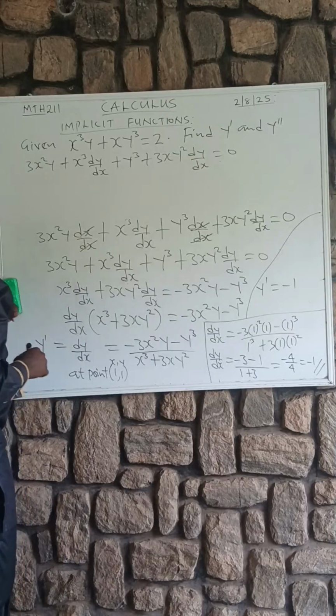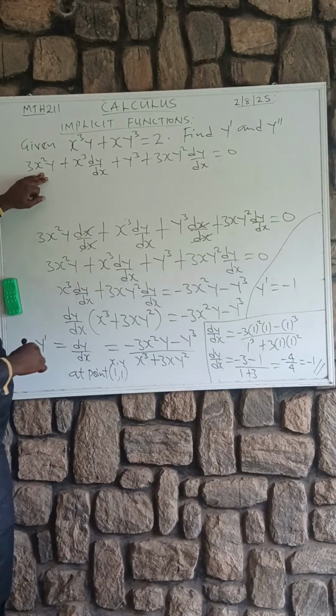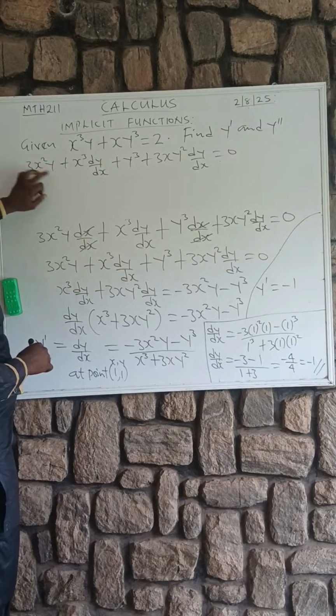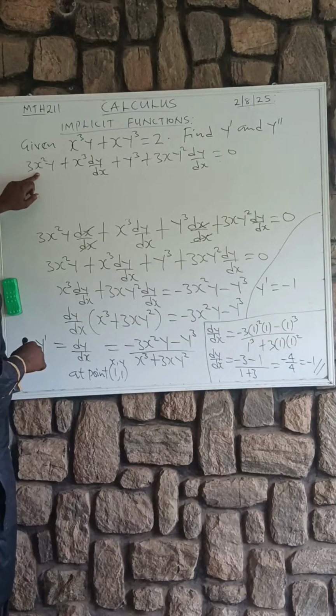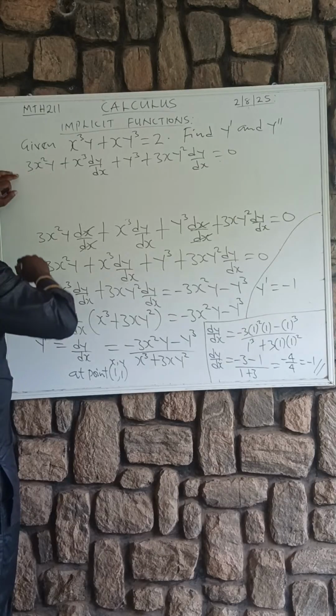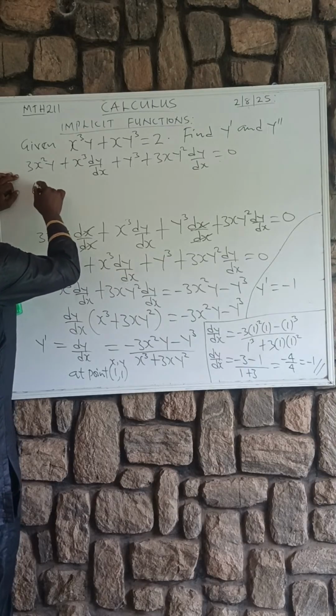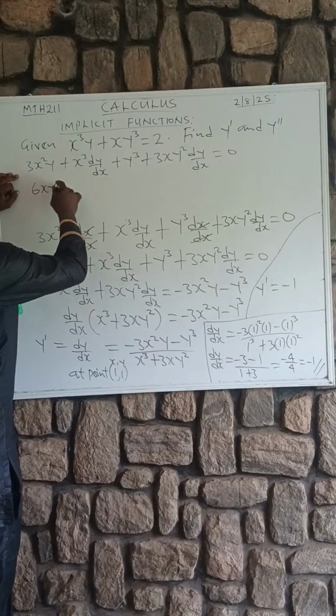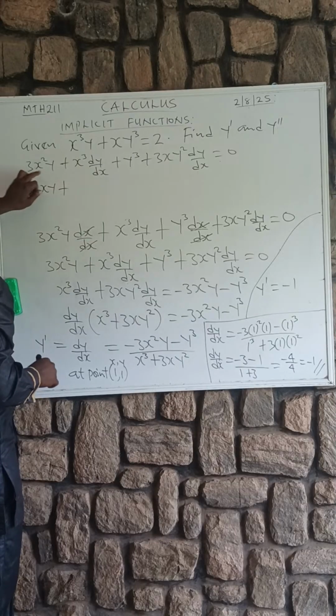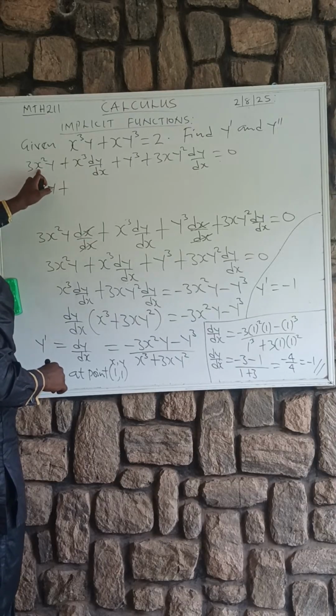It means what you are going to do here is you hold this one, differentiate this one. True or false? So if you hold this one, differentiate this one, it means you are going to have 6xy, then plus hold this one, 3x squared, differentiate this one.